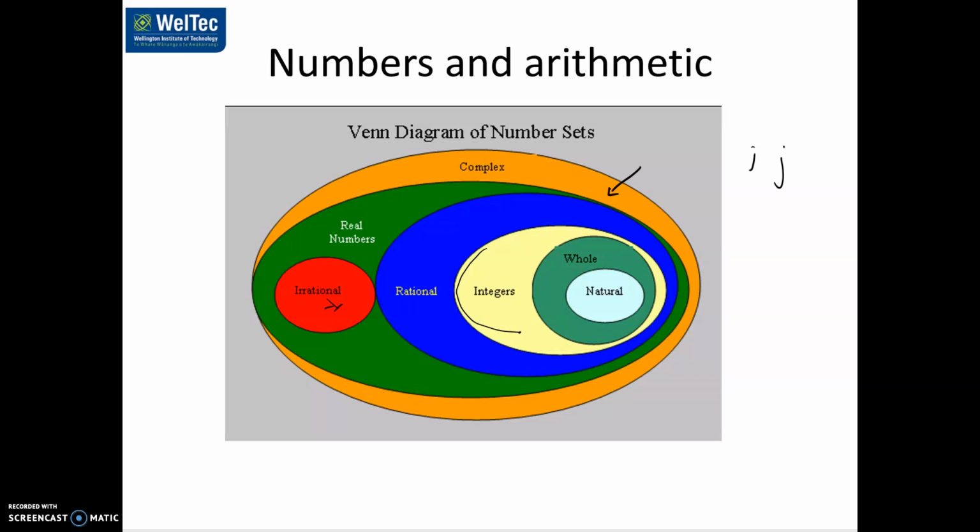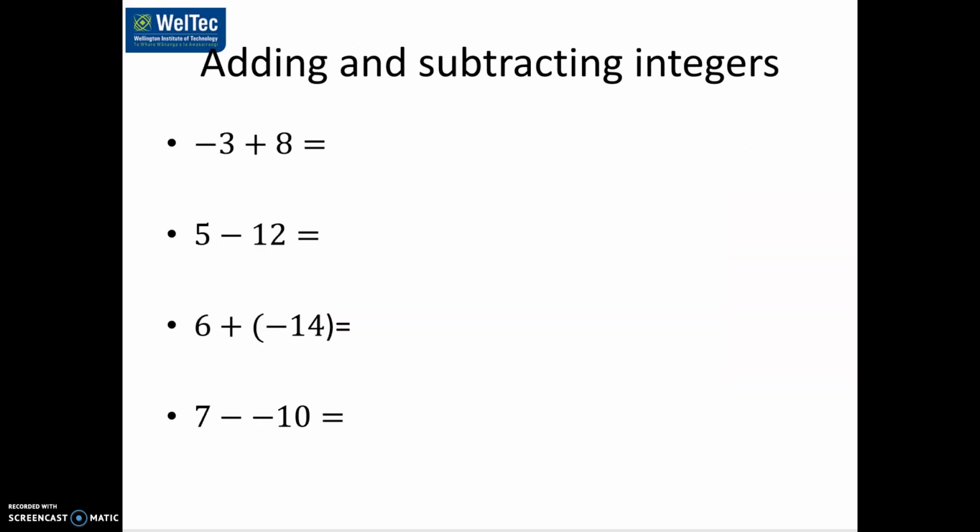Now, some of this may be just absolutely so basic, but the thing is that you need to be able to do it with numbers so that later on we can do it again with algebraic things, and even more so with things like tan and sine and cosine. Now, adding integers, we can show any integer addition or subtraction on a number line, and you would then take the first point as the starting point.